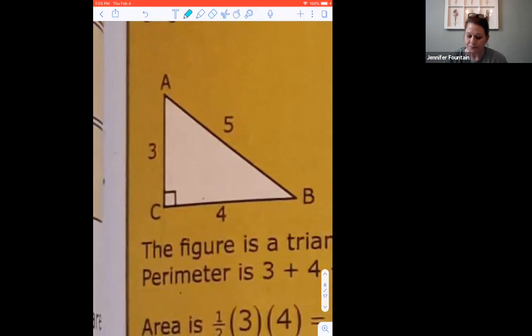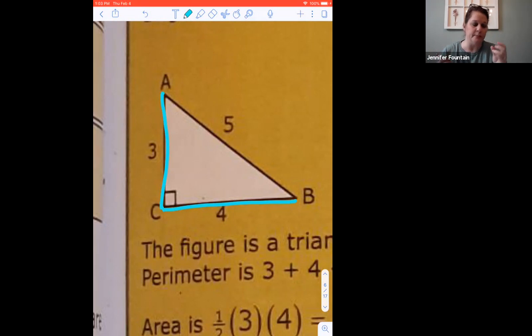So when I'm looking at that, I know that my base is going to be here. My height is here. Now, one of the things that I want to be careful of is remembering that multiplication is commutative. And so there may be some times that I say, if I said I've got a base of 3 and a height of 4, well, it would be like if I turned it.